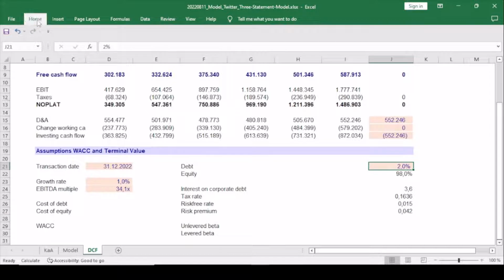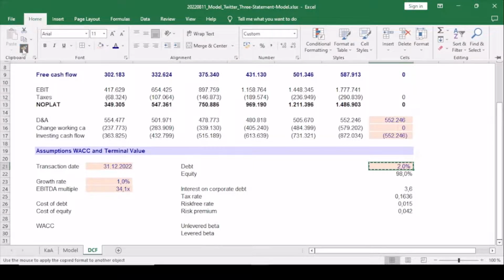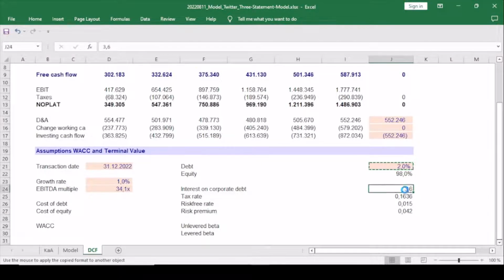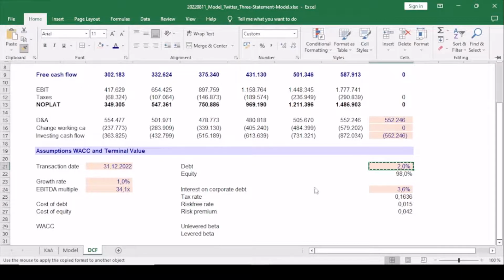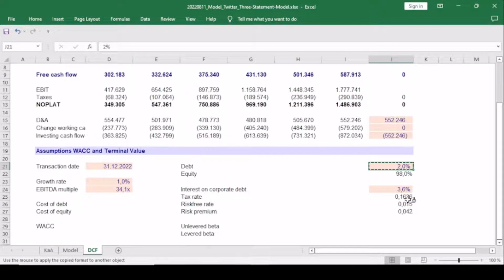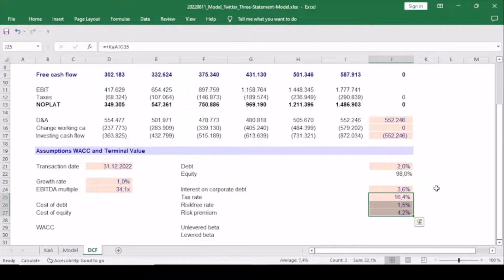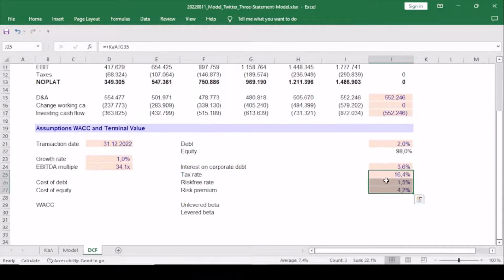And as I said, these are more or less dummy numbers for the moment, as we primarily focus on the methodology and building the respective DCF valuation tool.